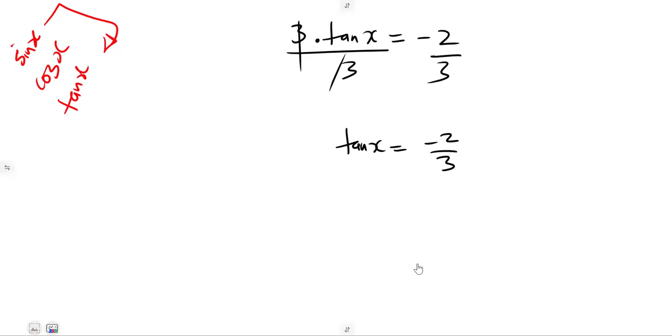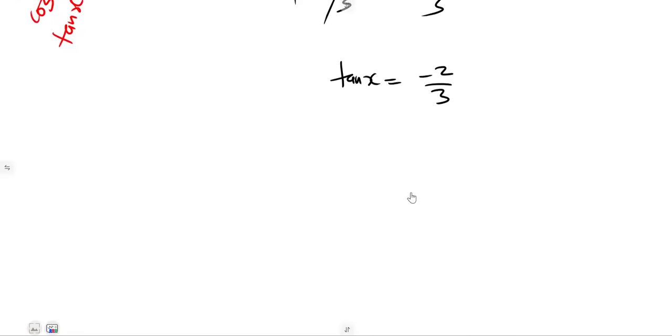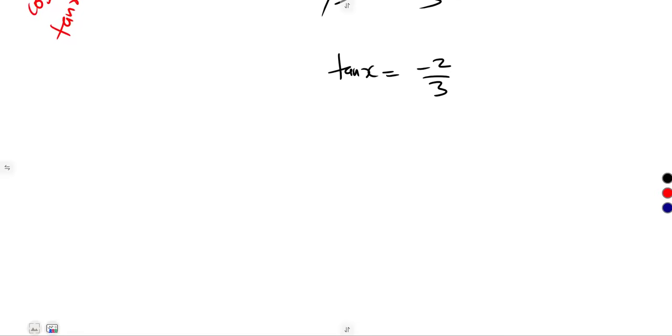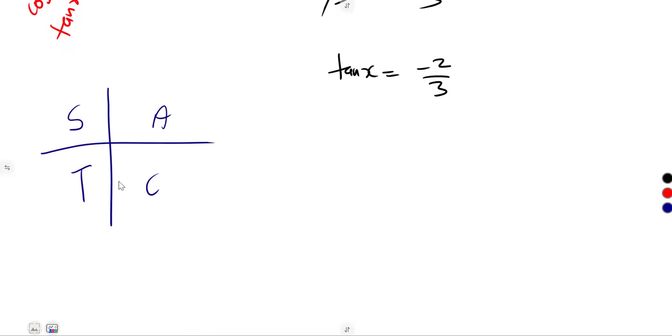So what is the concept here? It is to find the reference angle so that we can test and see according to the CAST diagram. We understand that our tan, for it to be negative as we are given here, must be in the second and in the fourth quadrant.